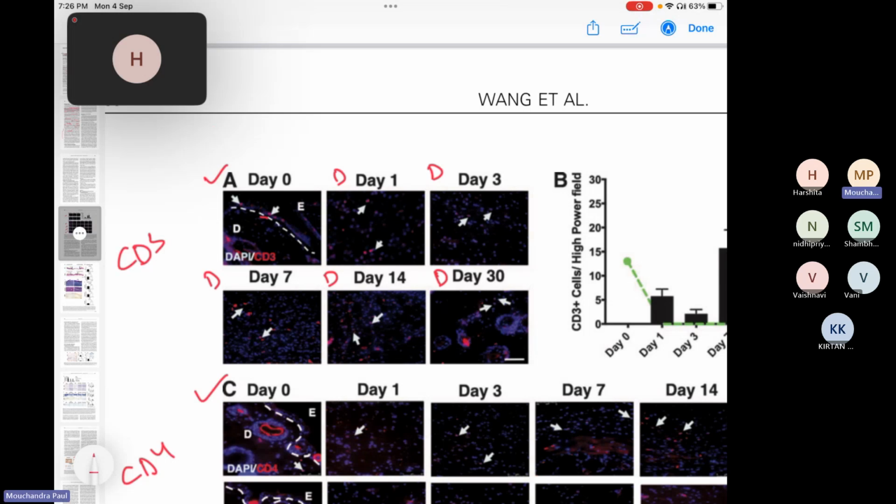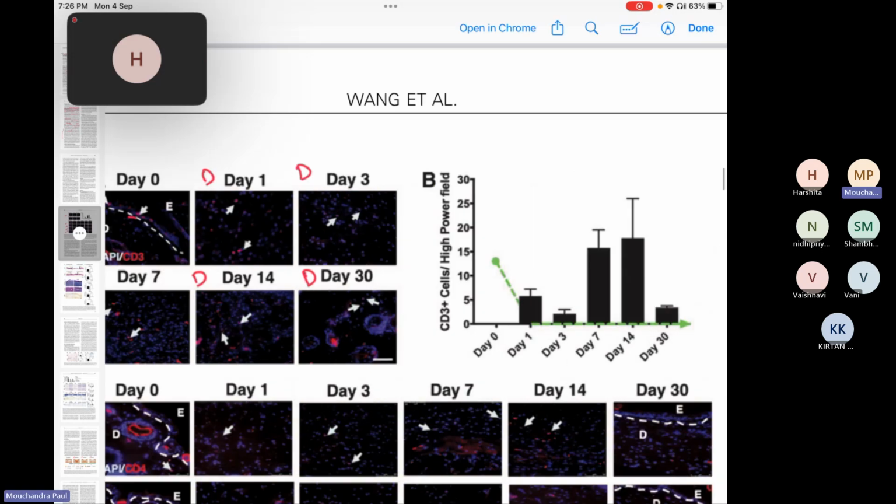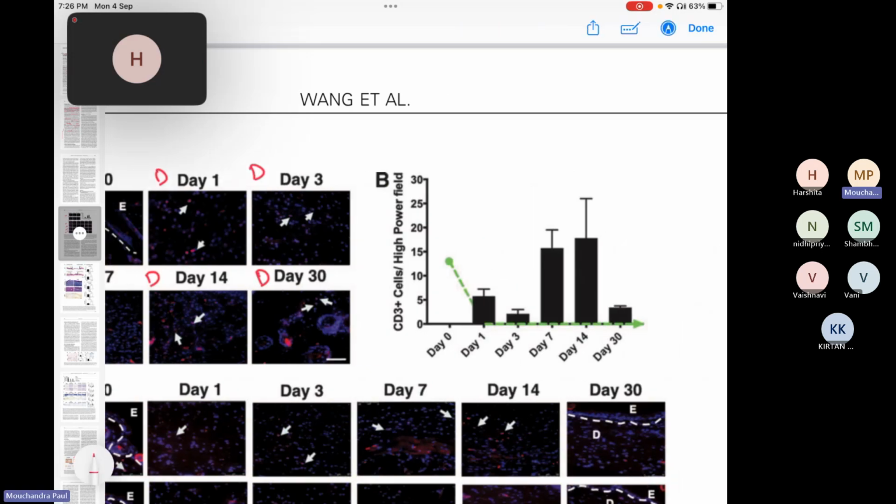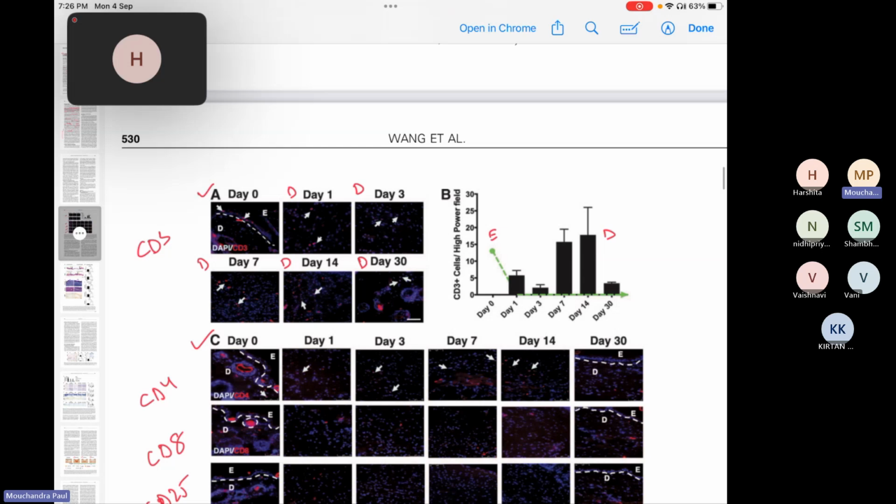From these figures, we understand that the CD3 cells are present at all times during the wound healing process till day 30. This graph also tells you the percentage of CD3 cells. The black bars tell you the cell number over day 1 to day 30, whereas the green line shows how many CD3 cells are present in the epidermis layer, and these bars are for the dermis layer. So they have quantified it.